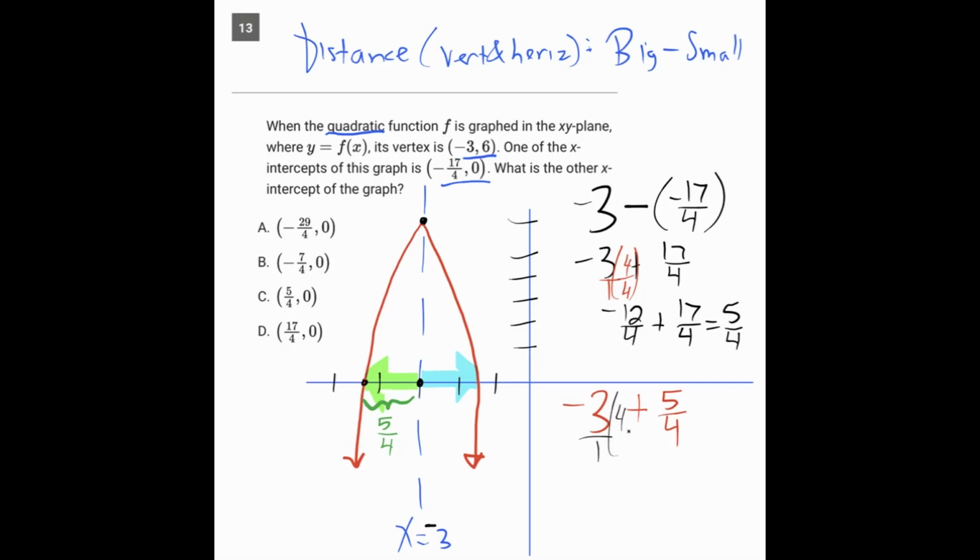We can multiply by 4/4 to get the common denominator again, and we'll have -12/4 plus 5/4 gives us -7/4. So we just found the x value of the other x-intercept. It's x equals -7/4 when y equals 0, and that's answer choice B for number 13.